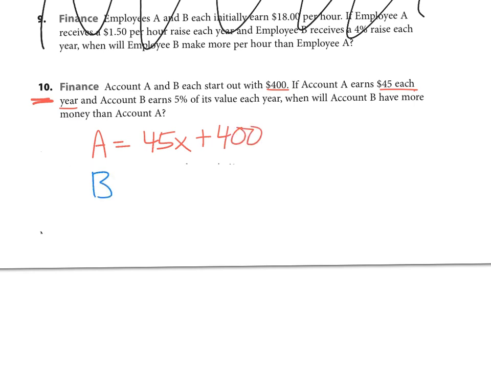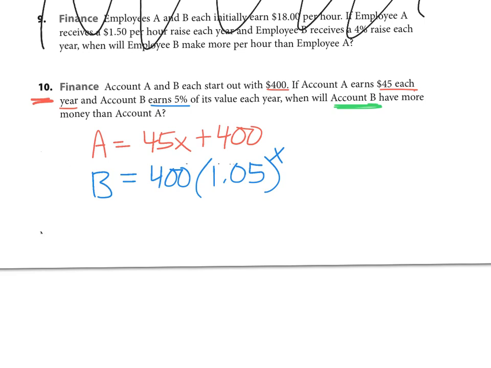Account B earns 5%. Again, we started out with $400. We're earning, so that means we're adding 5%, which is 0.05, so we add that to 1. There's our two functions.